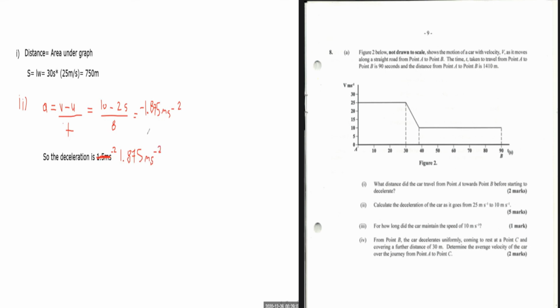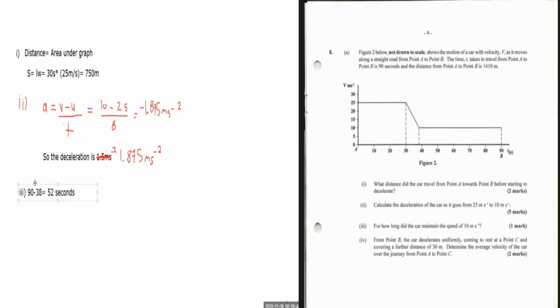Then they said, for how long did the car maintain 10 meters per second? It maintained it from 38 straight up to 90 seconds. So this is part 3. We're just going to work out 90 minus 38, which is 52 seconds.